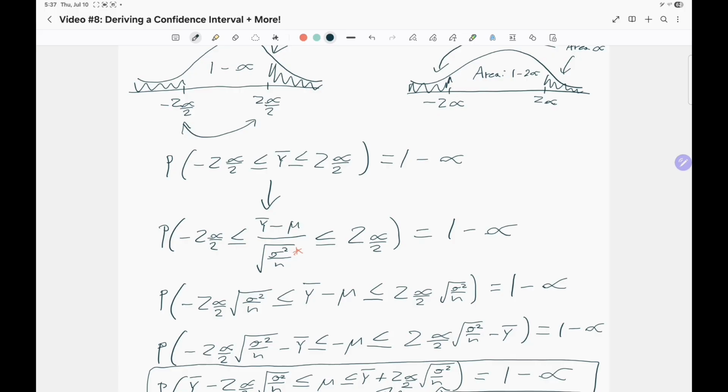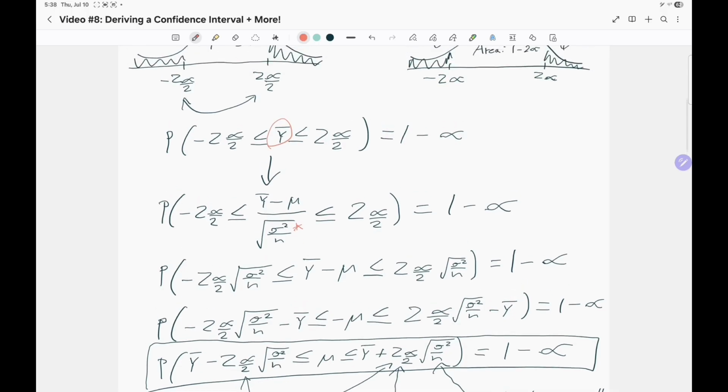Also note that we started off here with y bar and not the population mean, because if we had the population mean, there's not much else to do. We start with the sample mean, and then we standardize to get to a point where we can solve for the population mean in the middle, as we did. That's sort of confusing how I said that, but I hope you get the point.